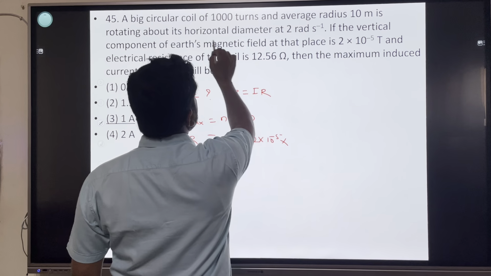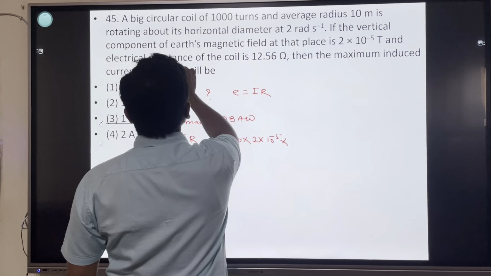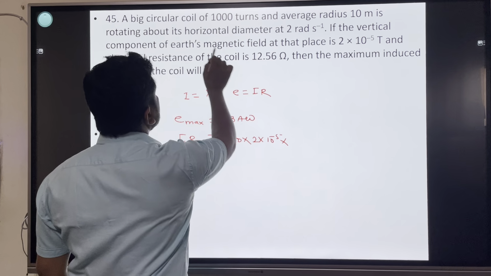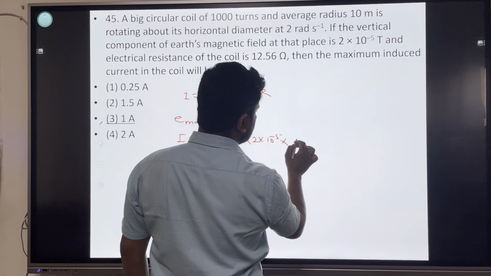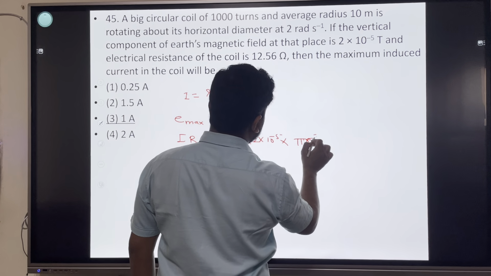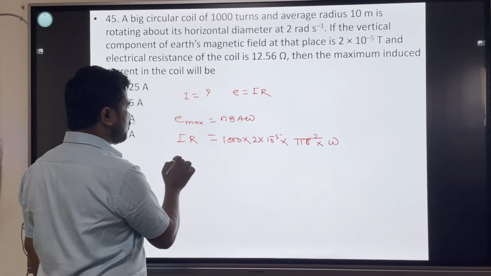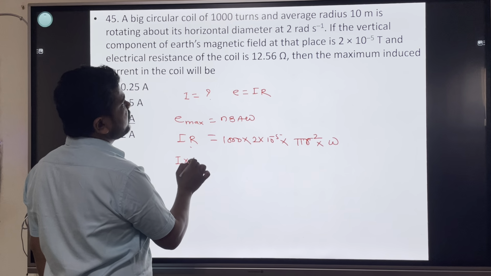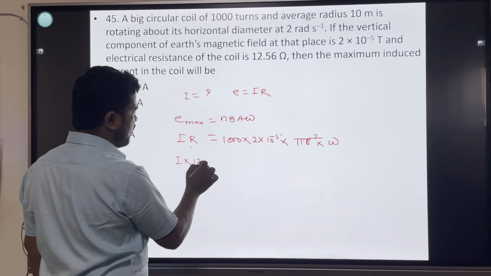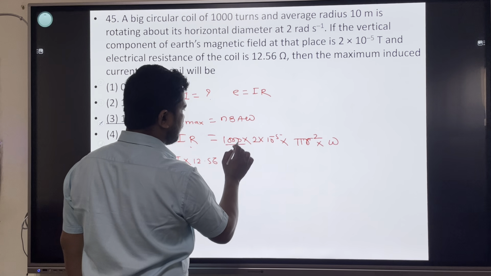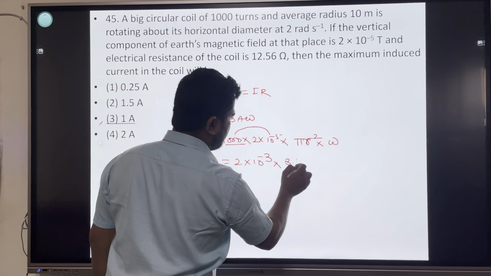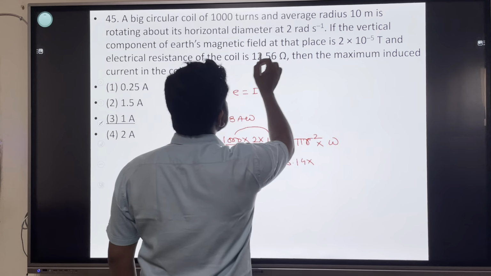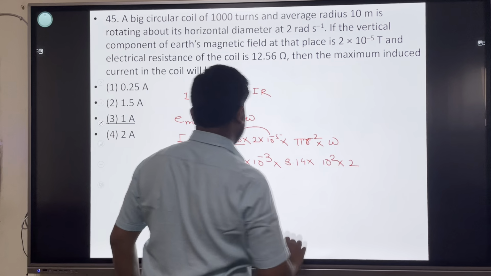Area is pi r square, with average radius, into omega. Put in the values. Current is not known, resistance is known. Resistance 12.56 is equal to 2 into 10 raised to minus 3 into pi 3.14 into average radius 10 meter, 10 square, into omega 2.